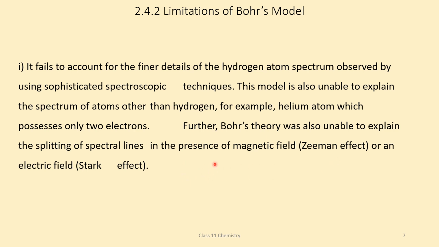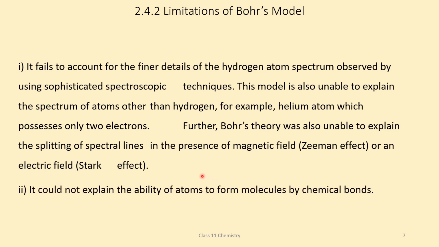That is, the Zeeman effect and Stark effect showed the splitting of spectral lines of hydrogen atom, and Bohr's model could not explain that. Next, it could not explain the ability of atoms to form molecules by chemical bonding.